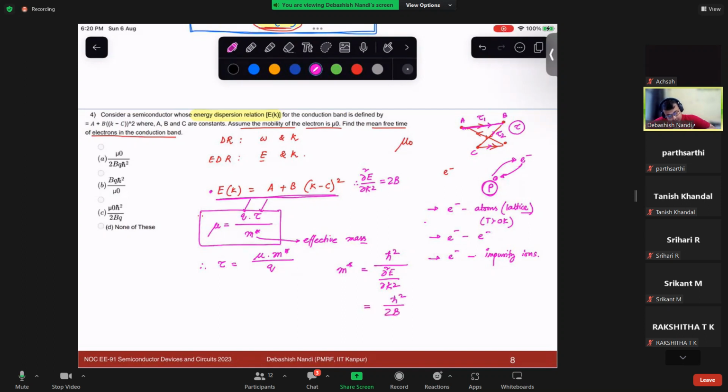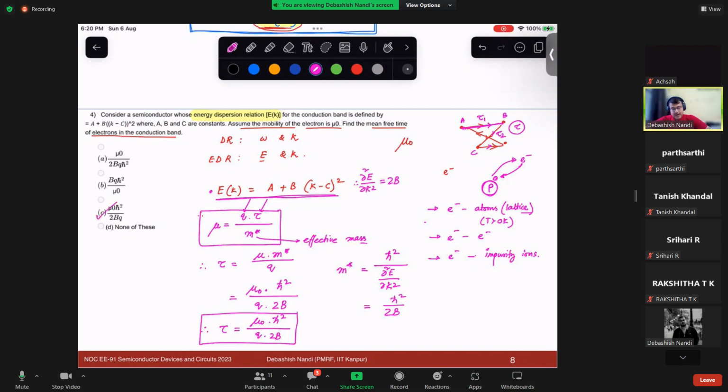So put it here. Mu is given as mu 0, right? M star is h bar squared by 2b. So your mean free time is h bar squared by q into 2b. So C is your right answer. For this proof, please see the lecture, or if you want me to do it, mention it in the comments of that YouTube link. I will post another video.